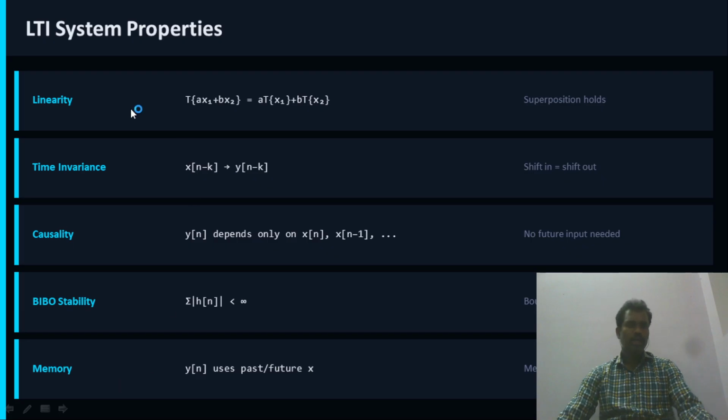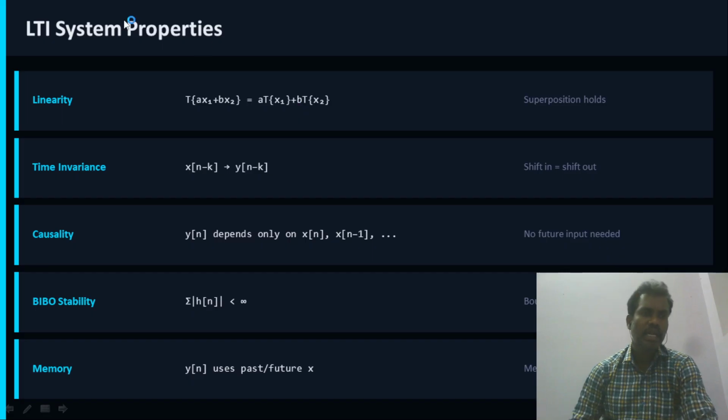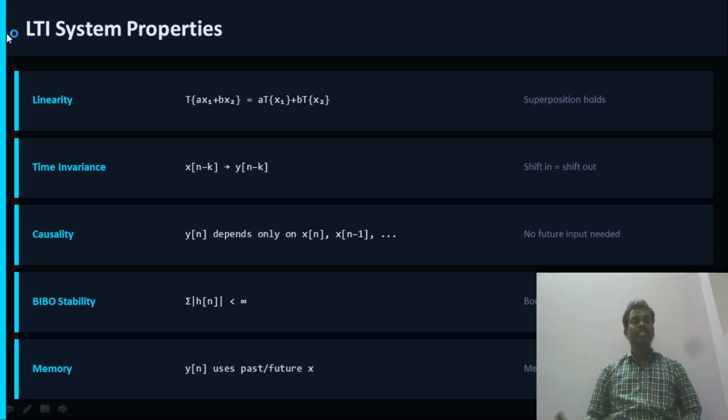Linear and time invariant system means the system is both linear as well as time invariant. That is called an LTI system. This is a special kind of system. Most physical systems are linear and time invariant systems. That's why we mostly concentrate on LTI system analysis.